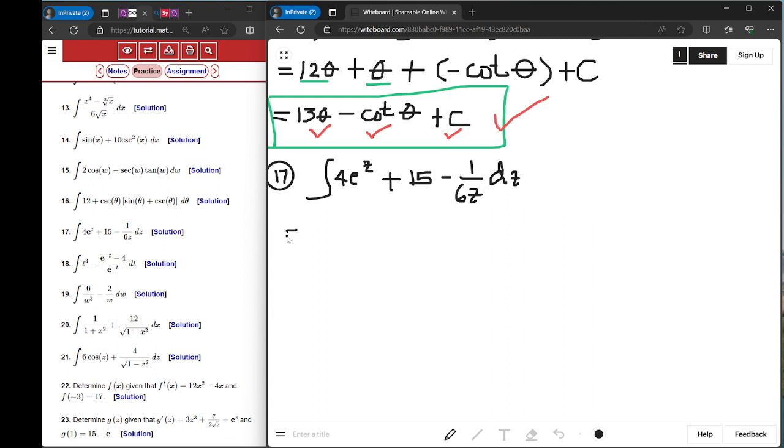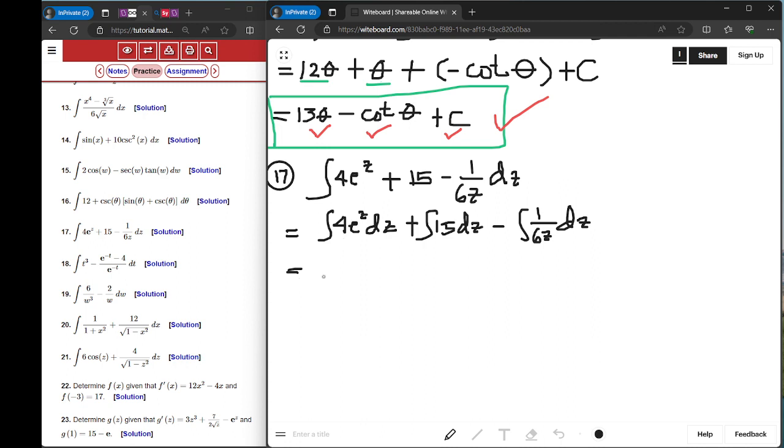Then we'll separate them and integrate them separately. This will become the integral of 4 e to the z dz plus the integral of 15 dz minus the integral of 1 over 6z dz.